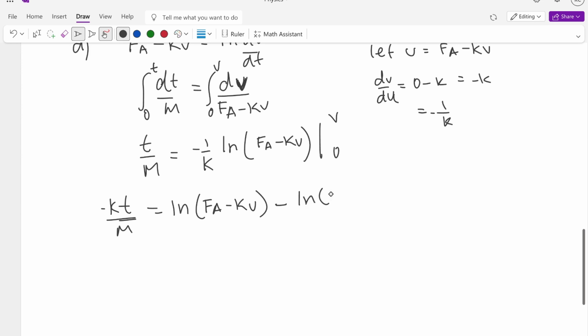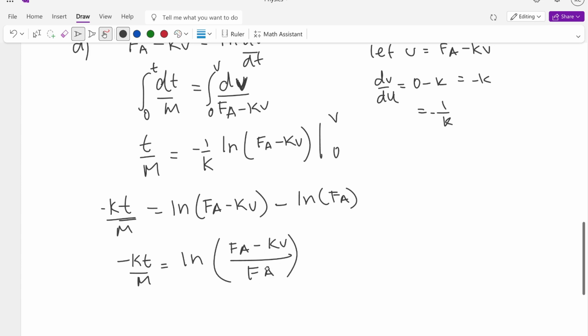So I'd have natural log of f a. Recalling the logarithm rules, if you're subtracting two natural logs, you're essentially dividing them. So I'll have negative kt over m is equal to natural log of f a minus kv over f a.